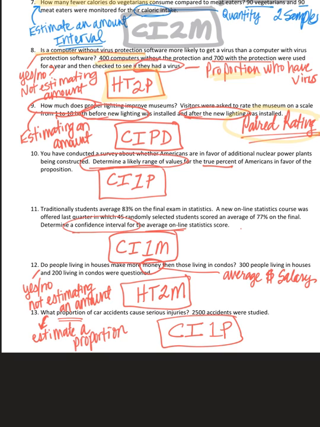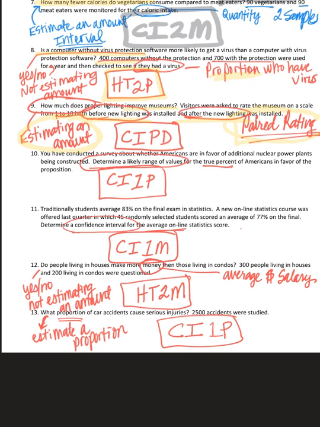9, how much does the proper lighting improve museums? So we are actually estimating an amount. The visitors were rating it on a score of 1 to 10. That's a quantity, so I know that's a mean. But here's the thing. These visitors were rating it before the new lighting was installed and after the new lighting was installed.